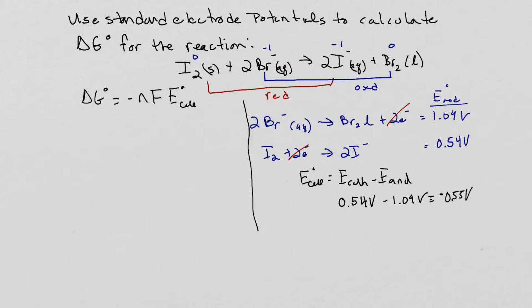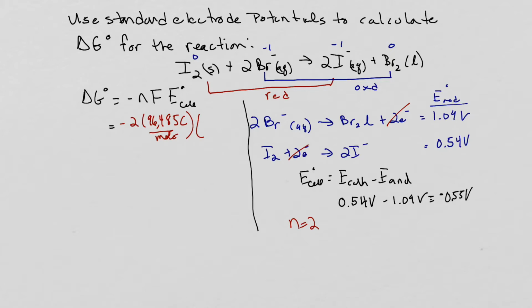Now if we go over here, we can calculate delta G. First of all, if we look at the reaction, we see that we have 2 moles of electrons, so in this reaction we have an n value that's going to equal 2. So we have negative 2, and of course Faraday's constant, 96,485 coulombs per mole of electron.